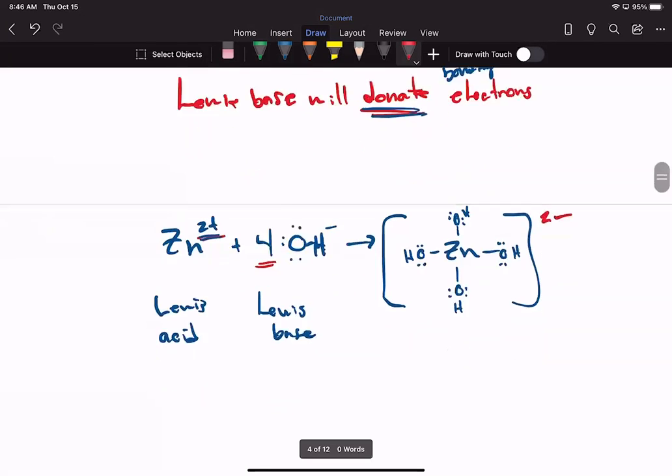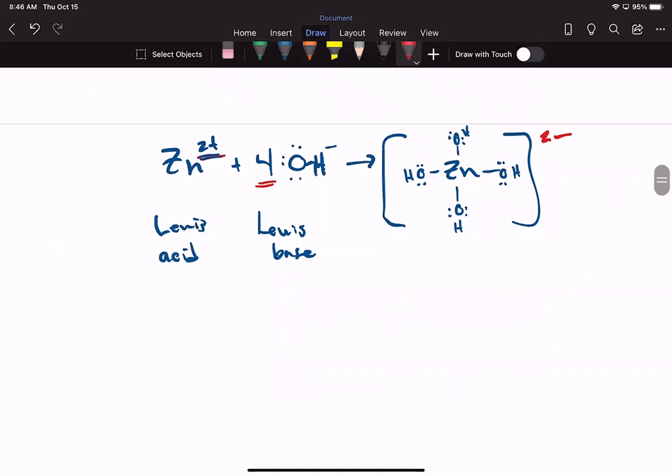All right. So this combination of this Lewis acid and Lewis base is what we consider an acid base adduct. An acid base adduct.